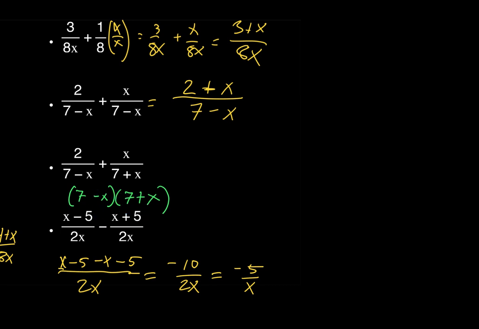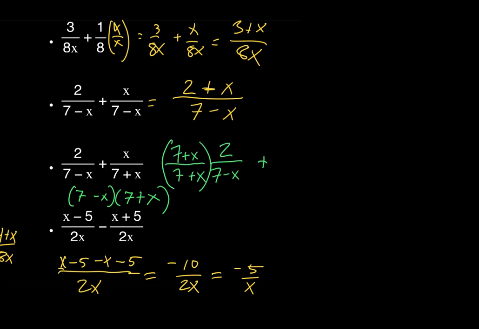Well, I need to take the 2 over 7 minus x and multiply it by 1. And the one that I'm going to choose is 7 plus x. And then I'll have plus.